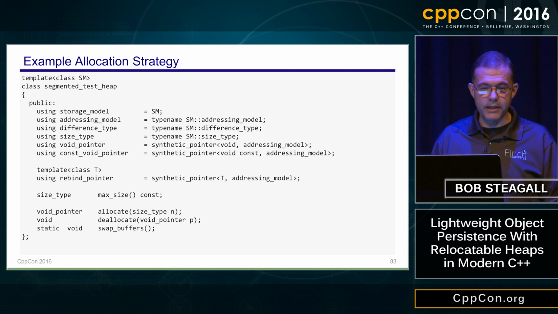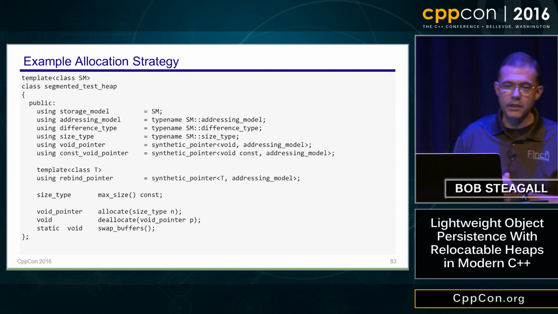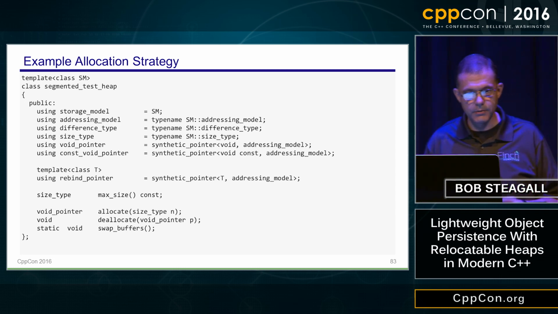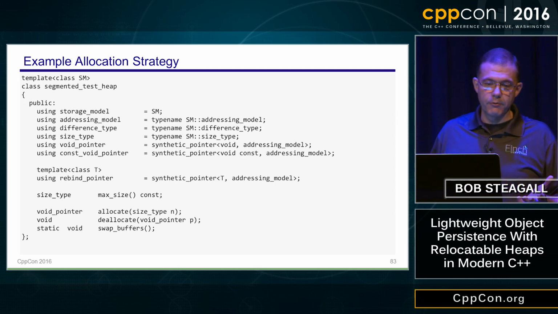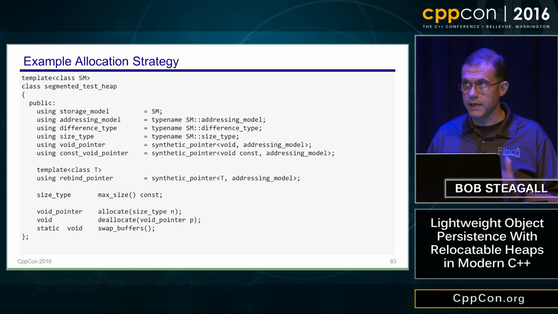So here's the allocation strategy. Another very simple class, but here it's a class template. And here I call it segmented test heap. It provides some type aliases which will be consumed by an allocator wrapper we'll see in the next slide. It provides pointer rebinding so that given any type T, it can provide a synthetic pointer for that type T using the addressing model, and it has very simple service functions, much like an allocator.